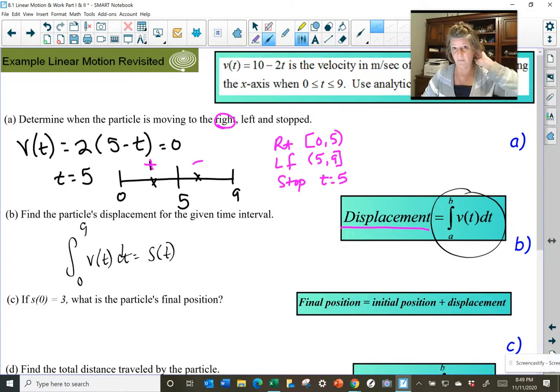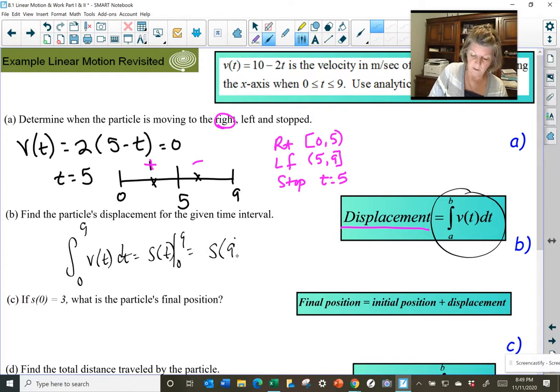So if I move back up the scale, I'm going to get position evaluated from 0 to 9. By the fundamental theorem, we get s of 9 minus s of 0, which is how we calculated it before we knew about integrals. But this gives us the net position. Where did I start, and where did I finish? That tells me what my net movement was.